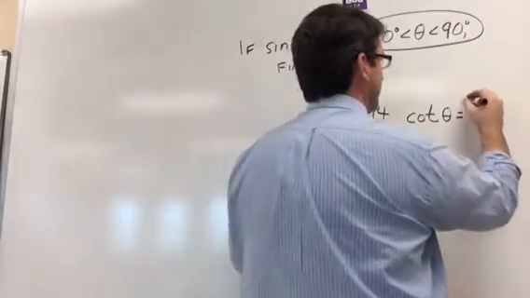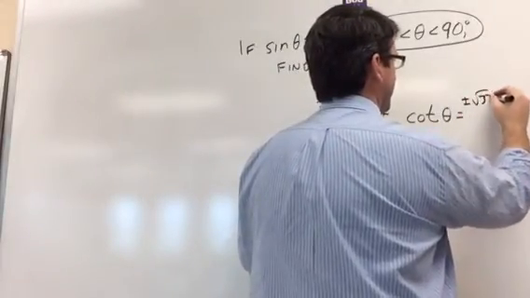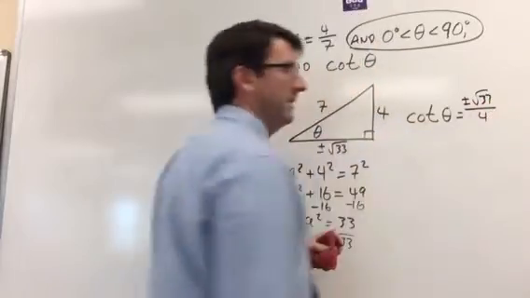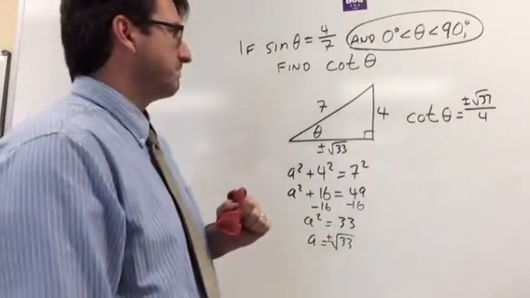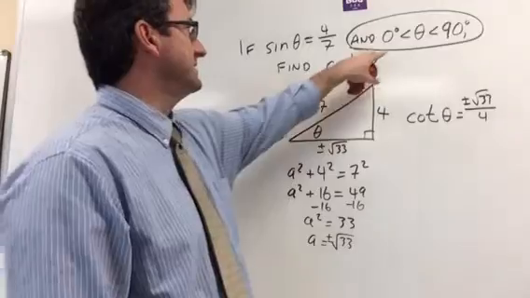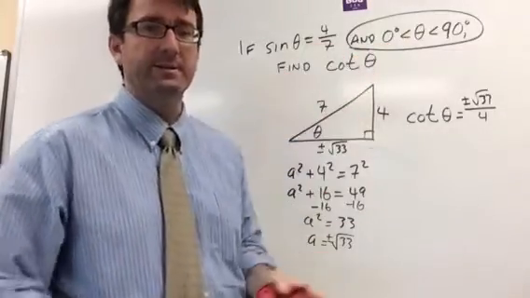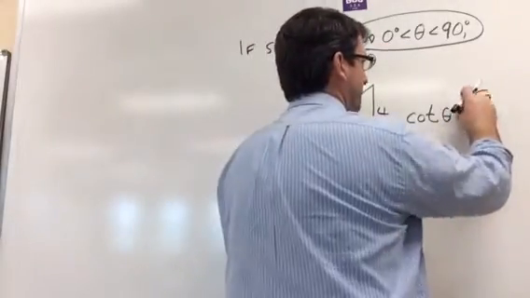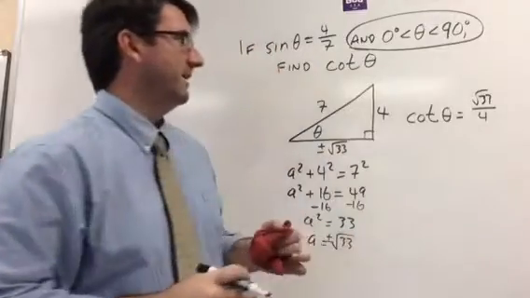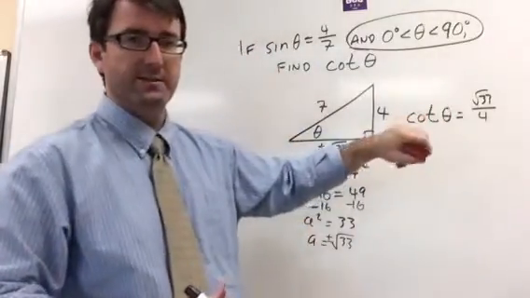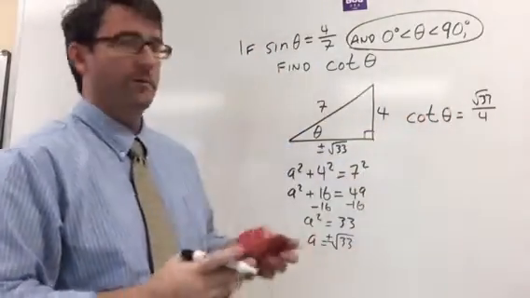So plus or minus square root of 33 over 4. But because we were told in the beginning that our answer is going to be positive, we can get rid of that plus or minus. It's just going to be positive square root of 33 over 4.